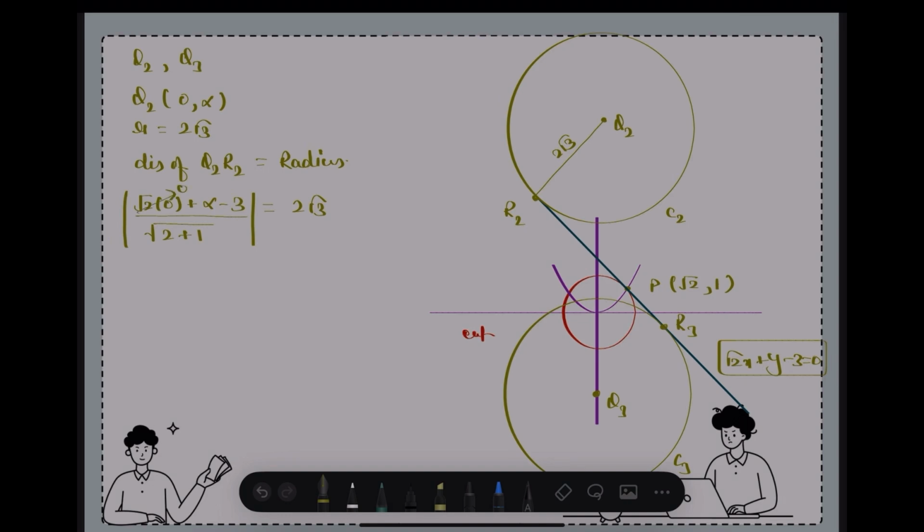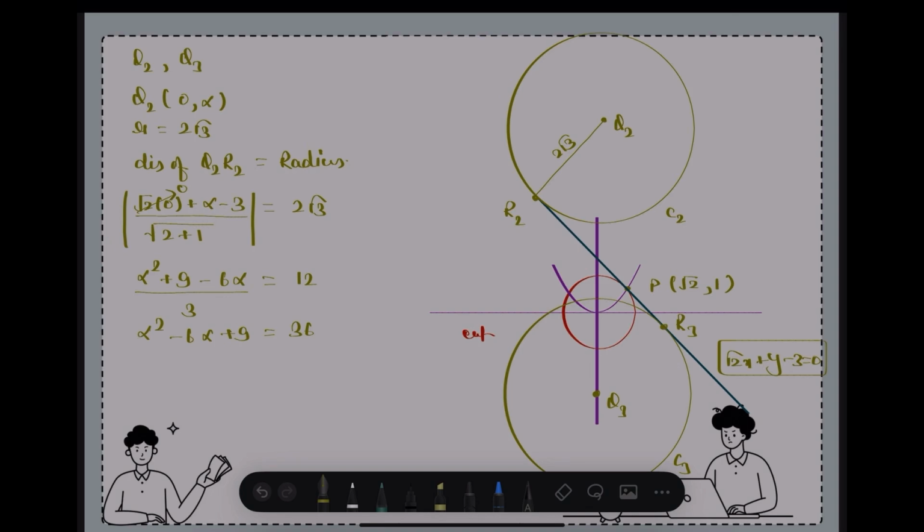So alpha minus 3 in modulus. Do you know any method by which you can remove this modulus sign? Correct, it's squaring both sides. So alpha minus 3 whole square, that is a square plus b square minus 2ab, upon 3. Root 3 square is 3. Now 4 times 3 is 12. Now send this 3 to that side, it will become 36 equals alpha square minus 6 alpha plus 9.